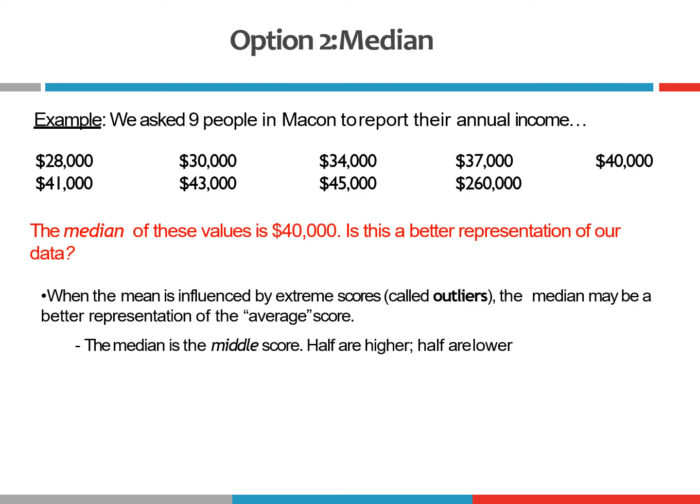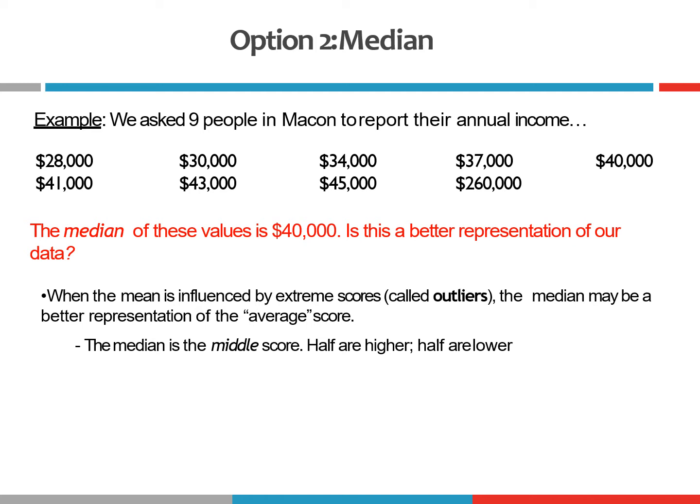Okay, so again, when the mean is influenced by extreme scores or outliers, the median may be a better representation of the average score. Now, in order to be as thorough as possible, it probably makes sense to report both the mean and the median.